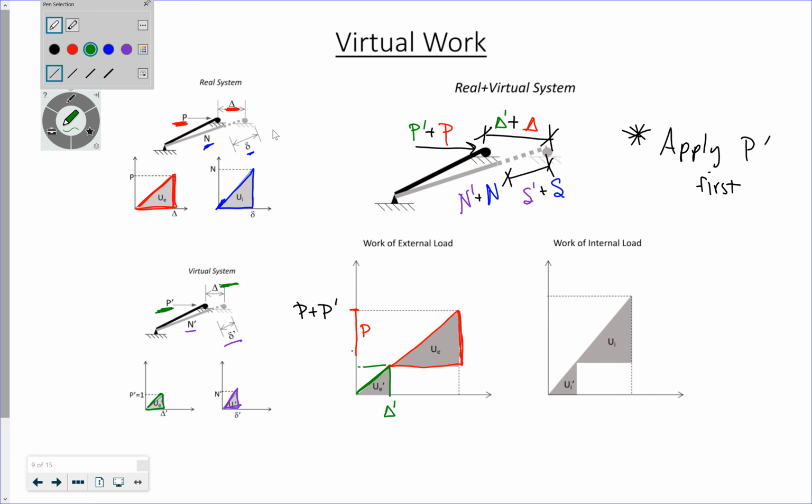Let's see, this height here is P prime. So that my total applied load is P plus P prime. And it's causing a deflection of delta prime plus delta.